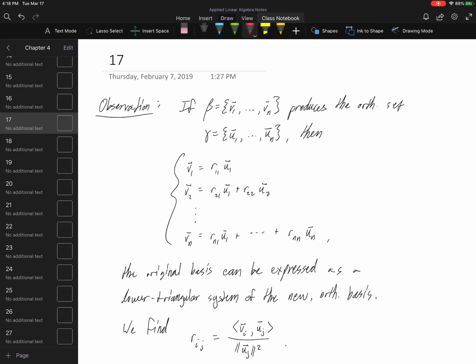But that first vector, that R11 really should just be a 1, right? The only time where R11 would not be just a flat out 1 is if we were going to modify Gram-Schmidt in some way, okay? And sometimes we do, sometimes we scale U1 so that it is a unit vector, which is exactly why that R11 is there in the first place. We'll see how that manifests a little bit later.